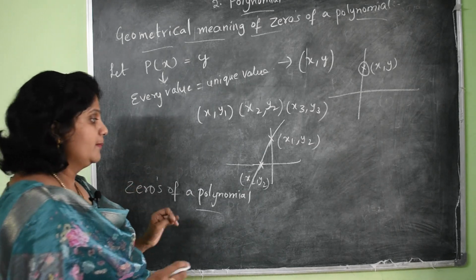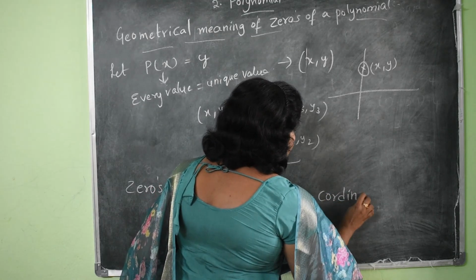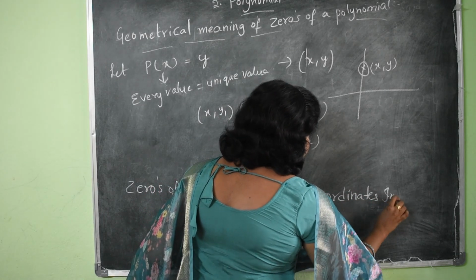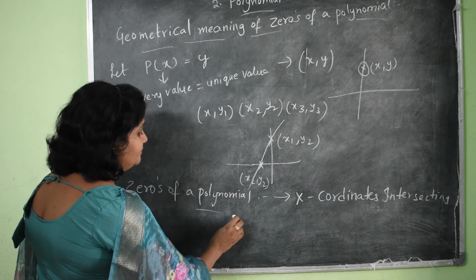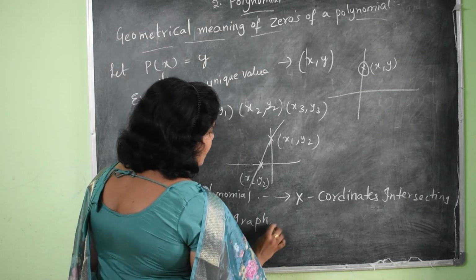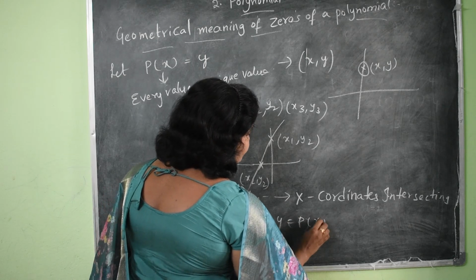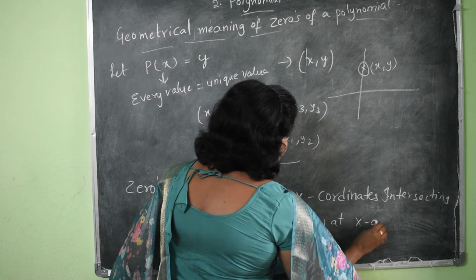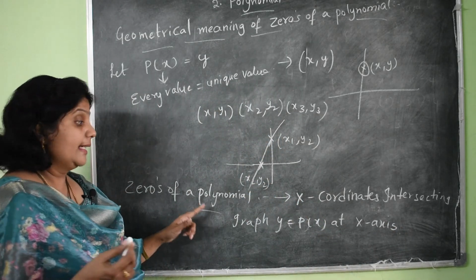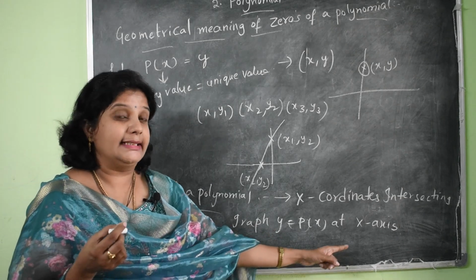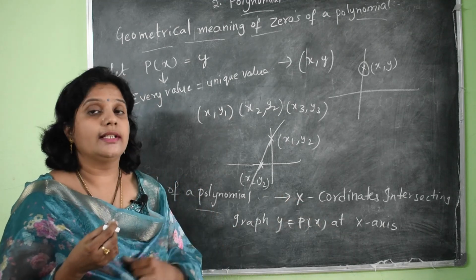It is nothing but the x coordinates where the graph y is equal to p of x intersects the x-axis. So the graph y is equal to p of x should intersect the x-axis, and in that we should take only the x coordinate.